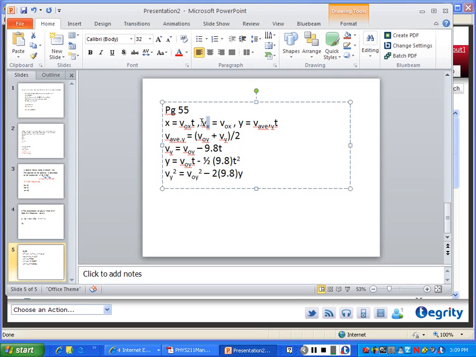Okay, notice in the top equation here it tells us the distance x it travels is the starting velocity in the horizontal direction, VOX, times the time t. And VX at all time is the original horizontal velocity.